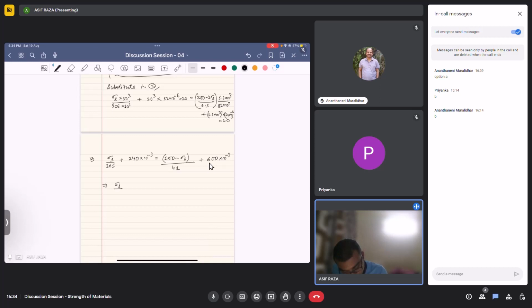This implies sigma s upon 205 plus sigma s upon 41, this is 100 upon 41, would be equal to 600 minus 240, that is 360. So this is 100 divided by 41 plus 0.36.